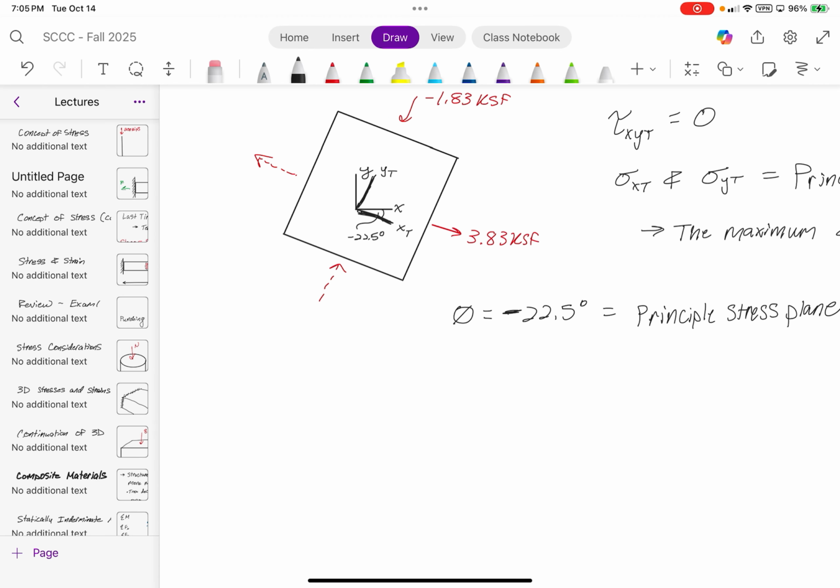We call theta P the principal stress plane, which is the angle from the original loading at which the principal stresses occur, so it's how much you need to rotate it by, is equal to 1/2 times the inverse tangent of 2 tau xy over sigma x minus sigma y.